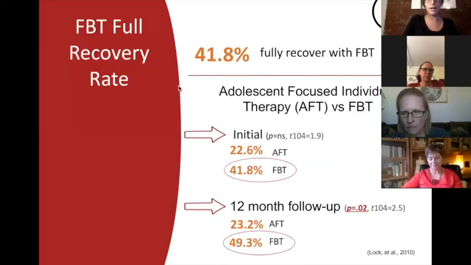In terms of recovery rates with FBT, this study looked at adolescent-focused individual therapy versus FBT and found at 12-month follow-up a pretty significant difference in recovery rates. The adolescent-focused individual therapy had a 23.2% recovery rate, and FBT had 49.3%, and that was significant.